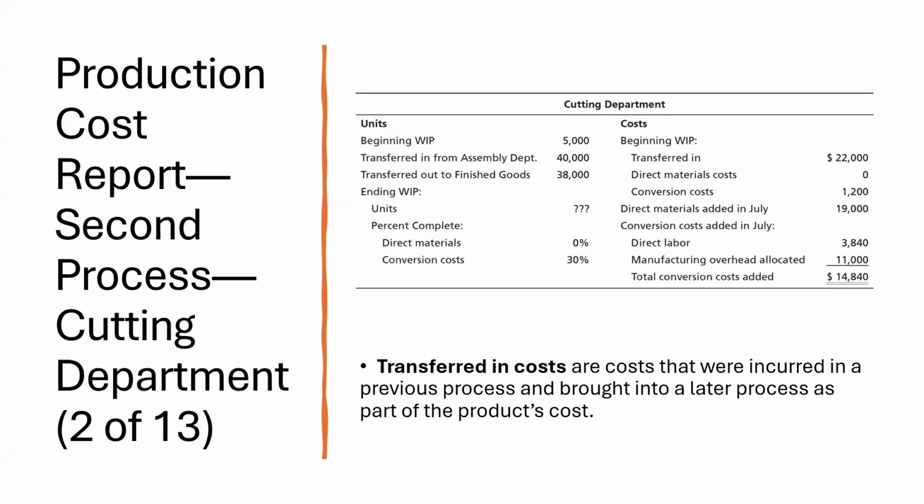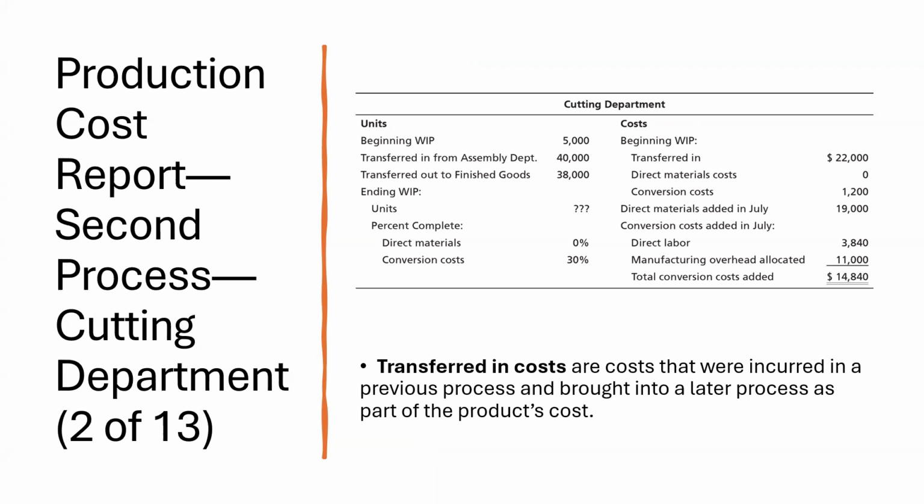The cost of materials from the assembly department that are transferred into the cutting department are called transferred in costs. Likewise, conversion costs in the cutting department refers to the direct labor and manufacturing overhead costs incurred only in the cutting department. The conversion costs incurred in the assembly department are also transferred in costs for the cutting department.